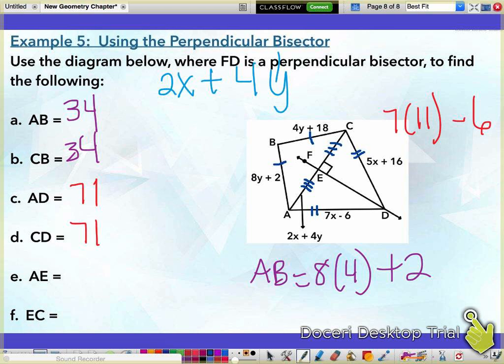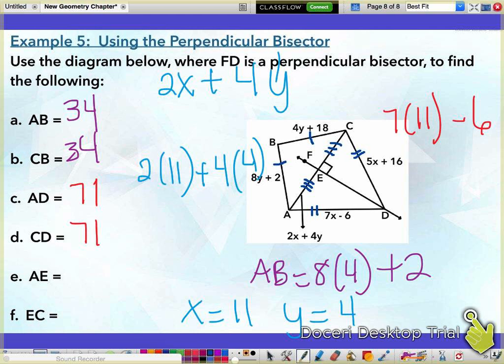What did we get for x again? 11. And y is 4. So 2 times 11 plus 4 times 4. 22 plus 16, 38. So that's AE, and CE would be the same.